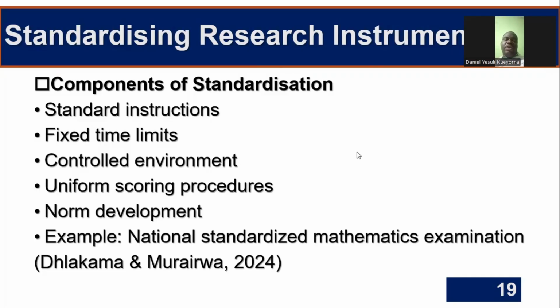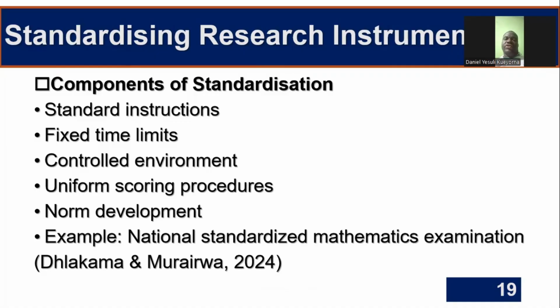When you want to use an instrument, the instrument should carry the same instruction for all. That is a standard instruction. It should have fixed time limits, the time limit within which the respondent should respond to your instrument.